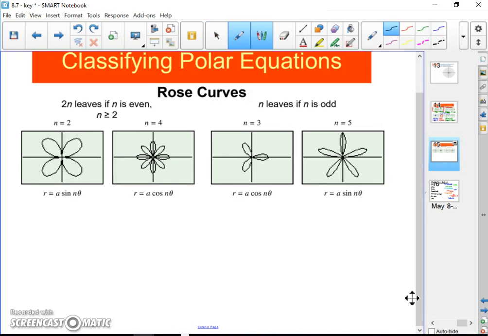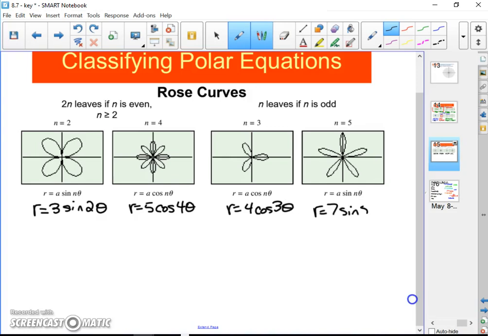Roses. You want to pay attention to the number of petals this time. If we've got something that looks like r equals 3 sine 2 theta, r equals 5 cosine 4 theta, r equals 4 cosine 3 theta, r equals 7 sine 5 theta, what you should pay attention to is this number.